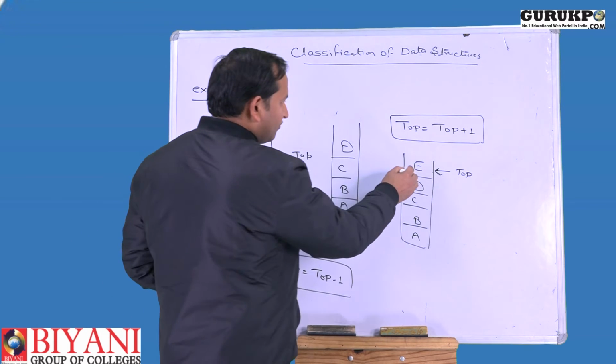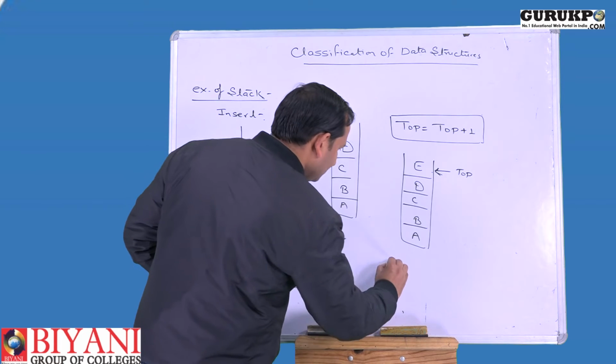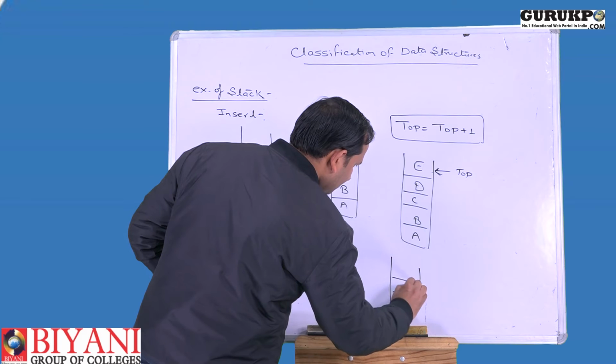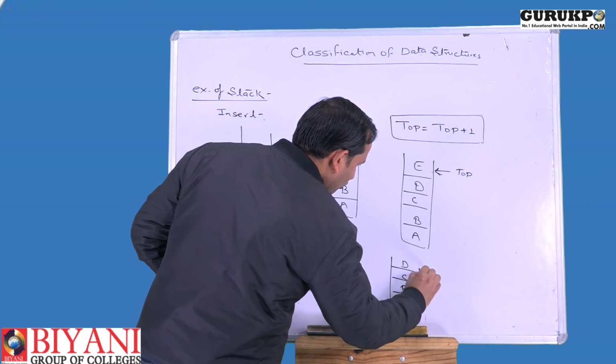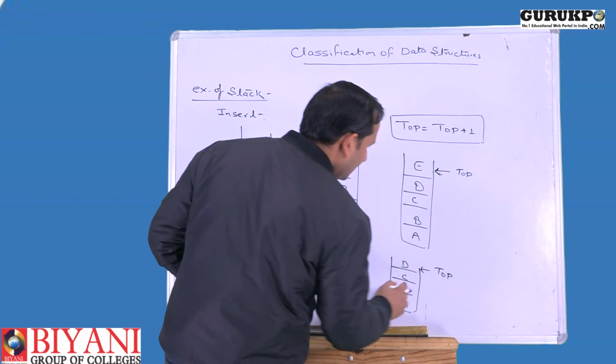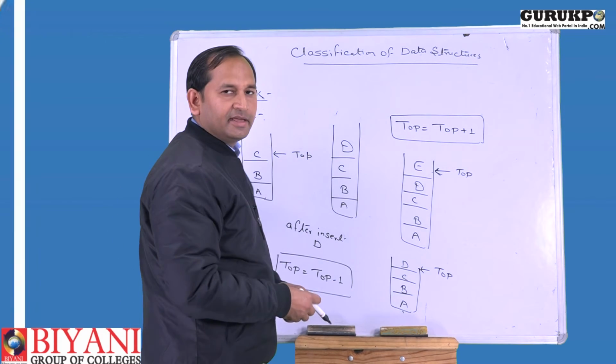So, first we can delete E, now top will point to D position and pointer will indicate here.